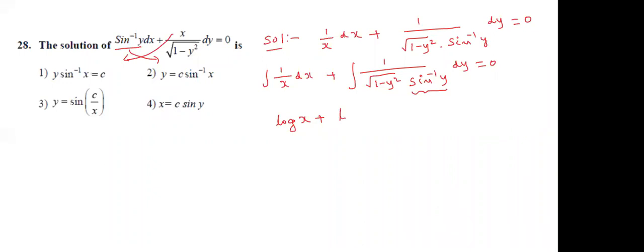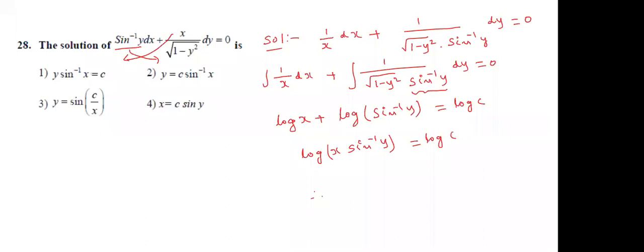Overall here you will get logarithm of sine inverse of y, that is equal to, right hand side, write log c. Left hand side log a plus log b, like that is a formula, log a b, x sine inverse of y, that is equal to log c.